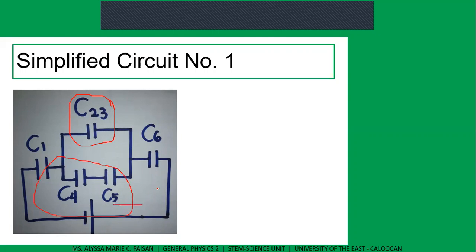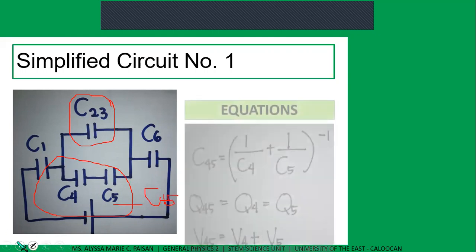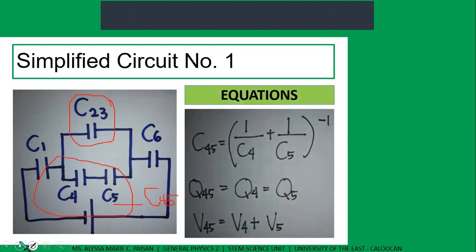And we will call this combination C4-5. Okay? Ayan. And then we will characterize this connection as well using the equations for series circuit. We have C4-5, the capacitance when we combine C4 and C5. And then gagamitin natin ulit yung may raised to negative 1. Tapos mag-equal ulit yung charges. At mag-add together naman yung voltages.